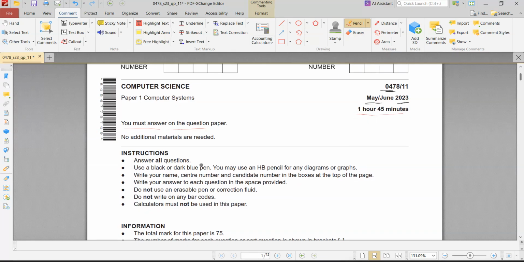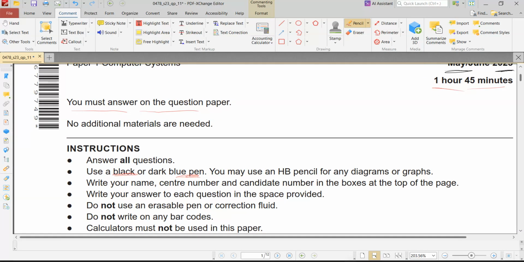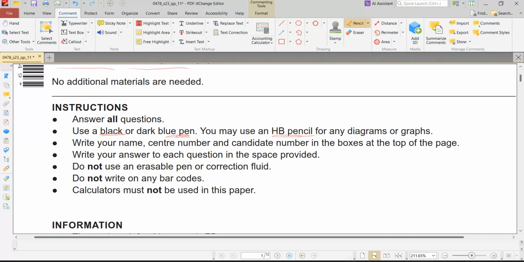All questions must be answered. You can use a black pen or blue pen only for this exam, and you can use an HB pencil. No calculator is enabled on this paper, and you must use your mind for the calculation.